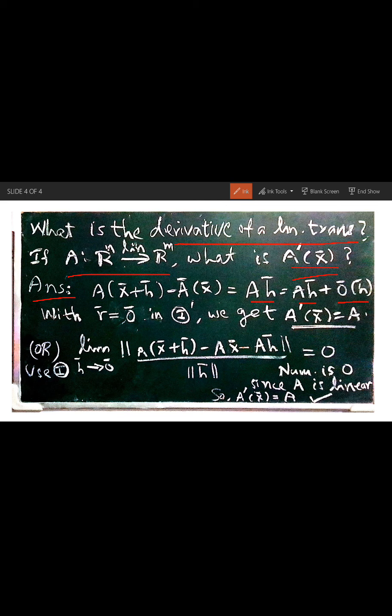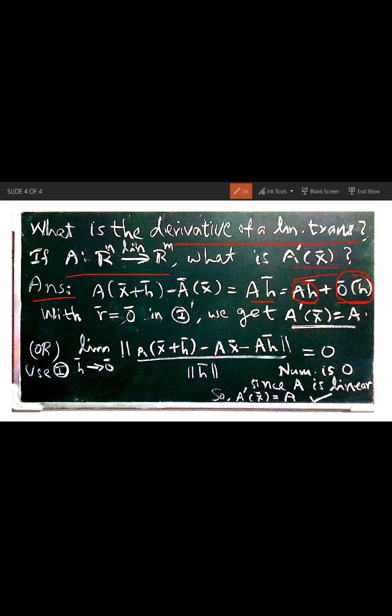And we have observed that if such an A exists, then it must be unique. And this is called the remainder. This R of h, here it is 0 of h, is called the remainder part. And it should have the property that the limit as h tends to 0 of norm of R of h divided by norm of h must be equal to 0.